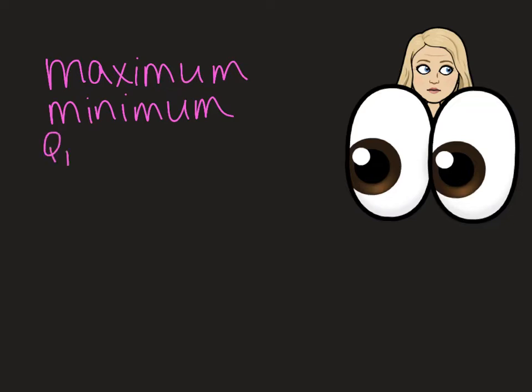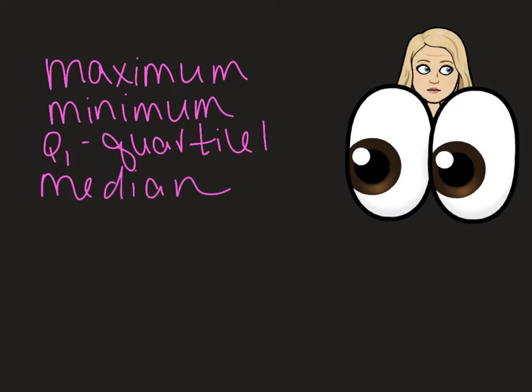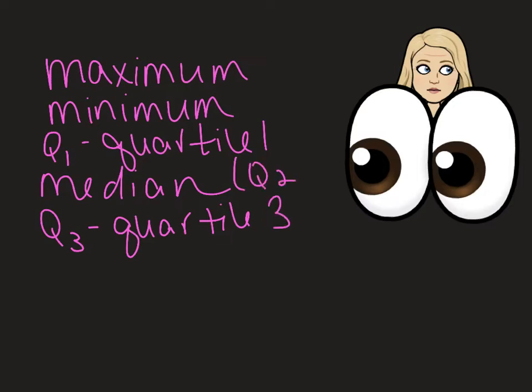Q1, you'll see me refer to, or quartile 1. Median, oh, that word is familiar. It pops up here. Q3 is, you guessed it, quartile 3. Technically, the median is quartile 2, but we don't really refer to it like that.